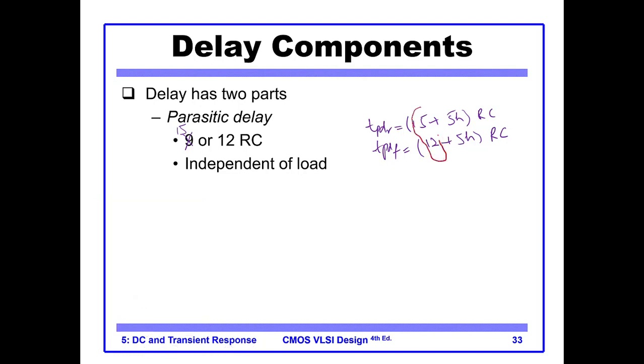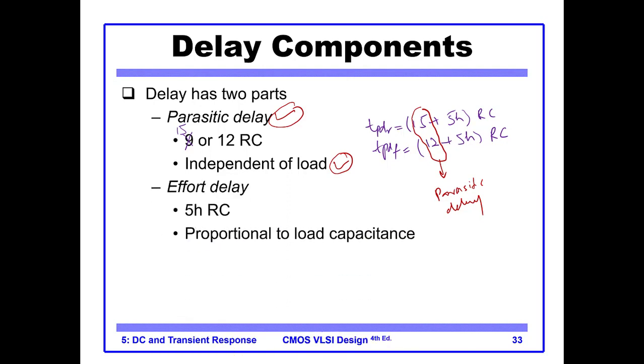This component is called parasitic delay, and parasitic delay is independent of the load. This is the delay of the gate when nothing is connected to the gate. So this is intrinsic delay coming from the gate itself.